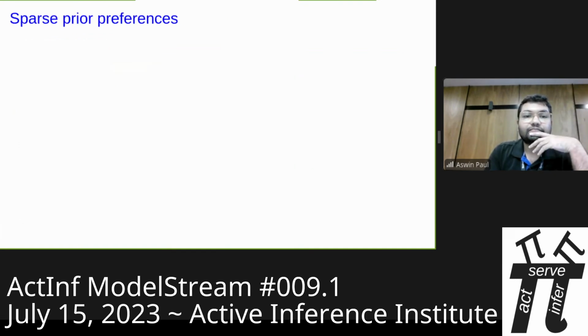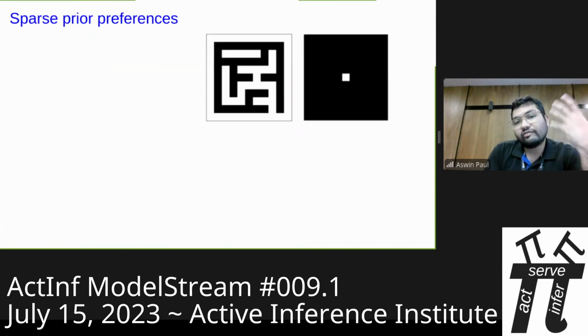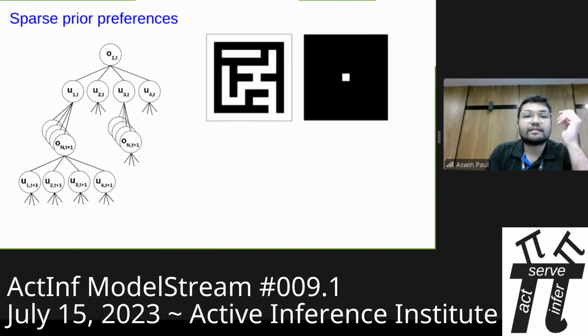And so for a grid like this, what do you do if you get a sparse prior preference which is not well informed? As highlighted in the previous slide, your tree search is now blind. You have no way of pruning the tree search, and you have to do the full tree search in this scenario. So as you might have thought, there are 2 solutions to this.